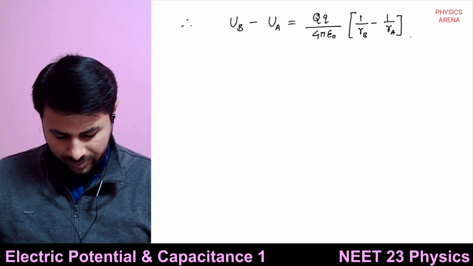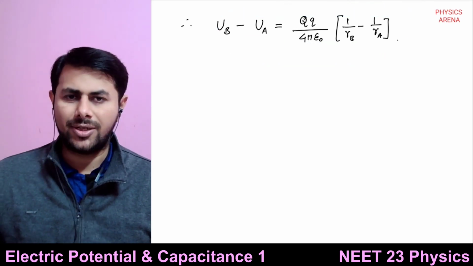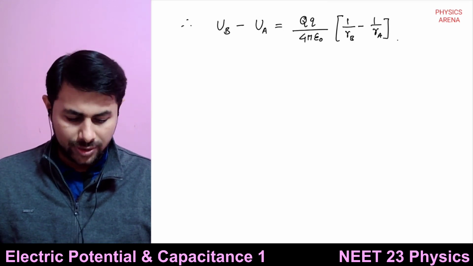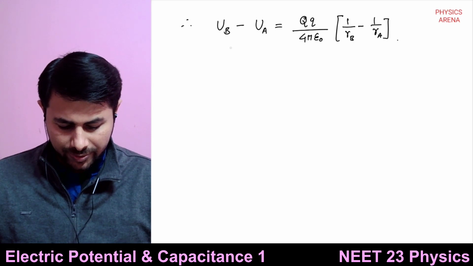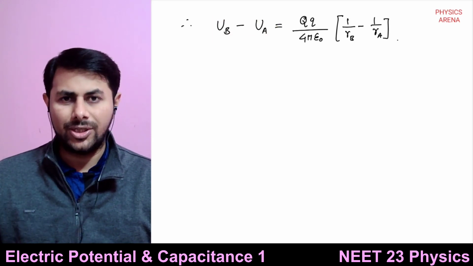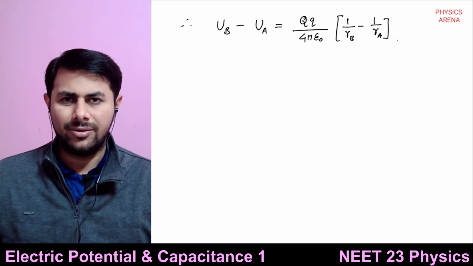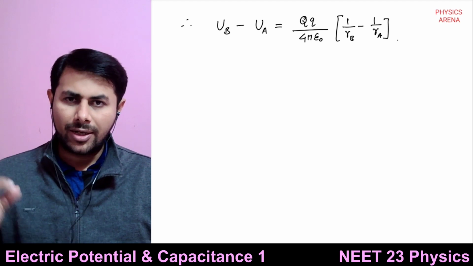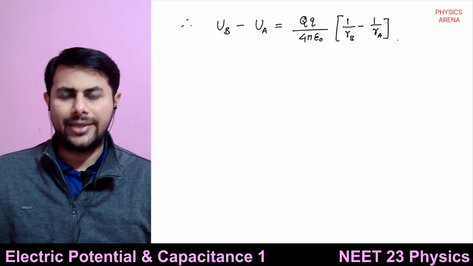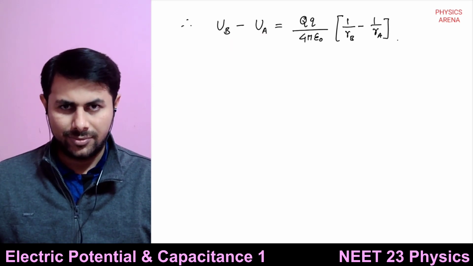So now this is the general expression for the change in potential energy, right? See, we can measure only the change in potential energy and not the individual potential energies at point A and at point B. We can only measure the change in potential energy and not the exact potential energy at point A or at point B, right?